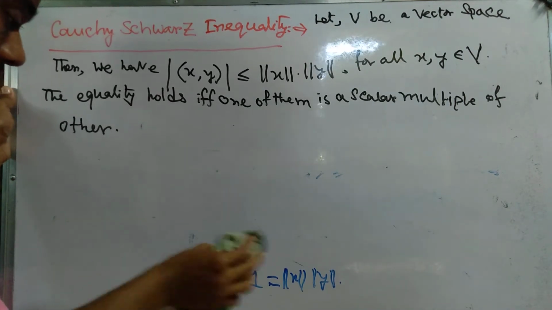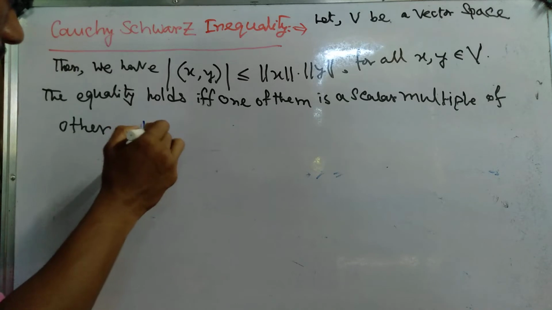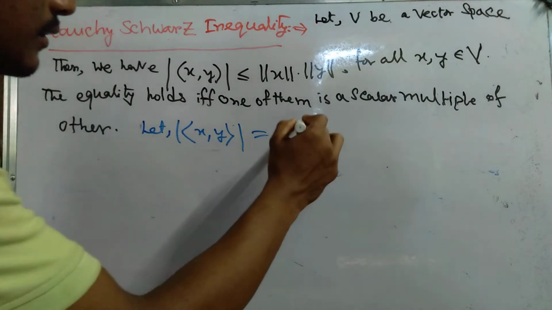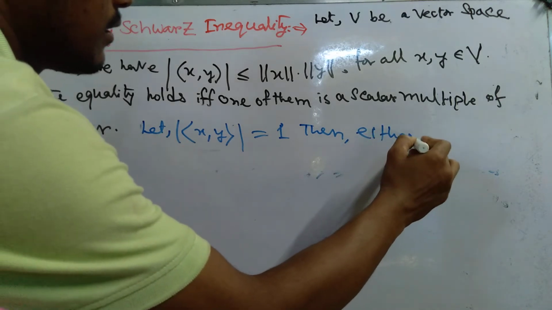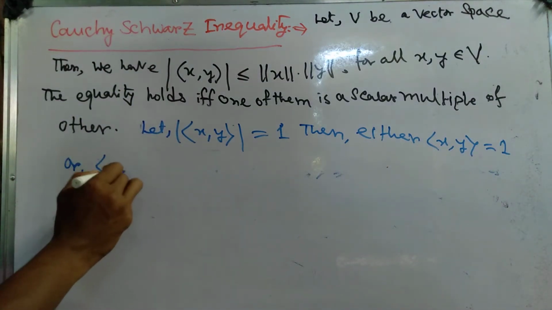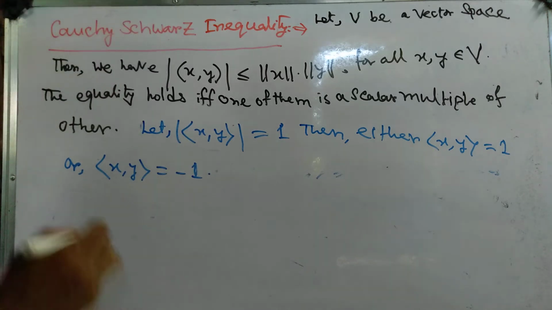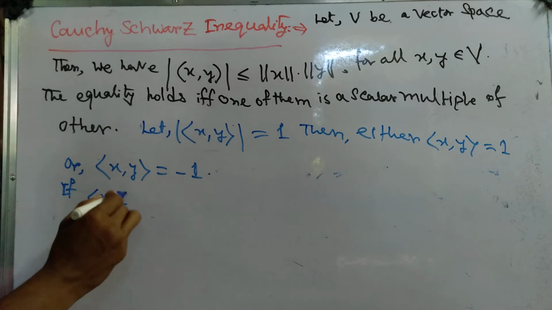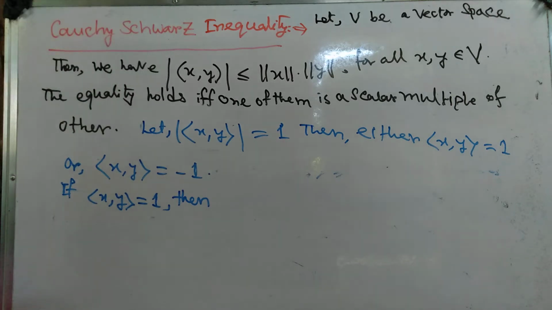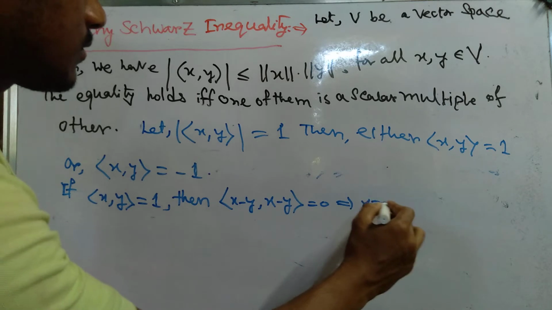Now going further. Let the modulus of the inner product of x and y equal 1. Then either the inner product of x and y equals 1 or the inner product of x and y equals -1. If the inner product of x and y equals 1, then we get x minus y equals 0, which implies that x equals y.